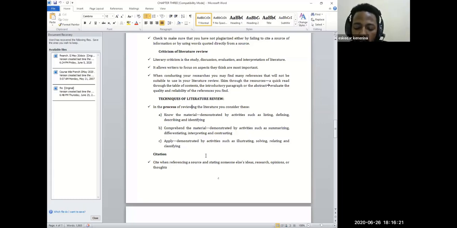You have to know the interpretations, the contrasts, and the arguments that exist in the issue. To clearly understand the material is also one of the big steps. Then you can apply your comprehension by illustrating or solving the problems relating to the classification of issues.